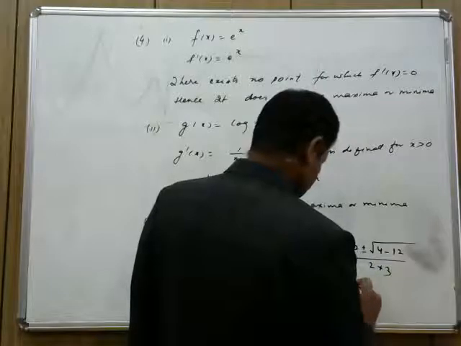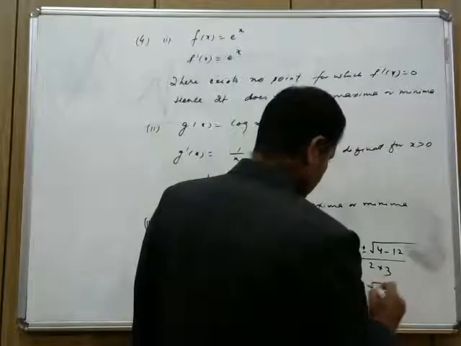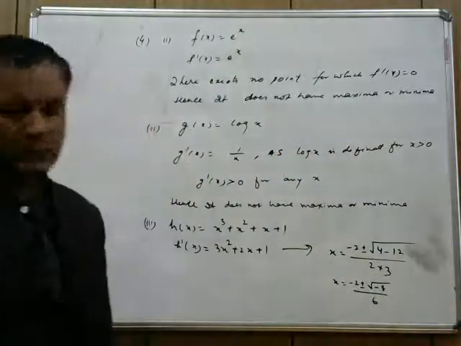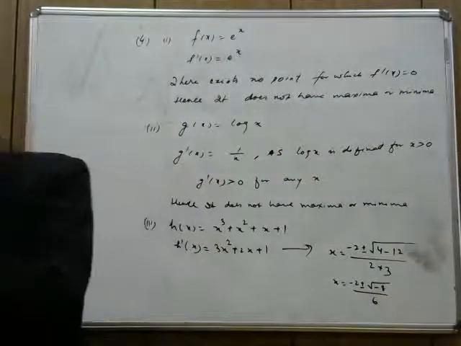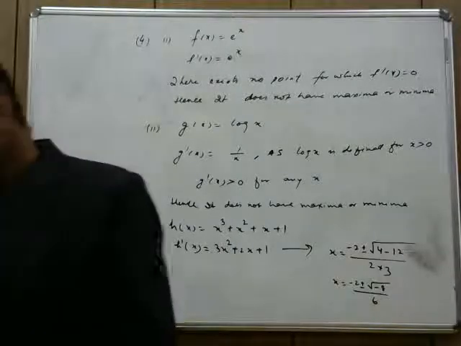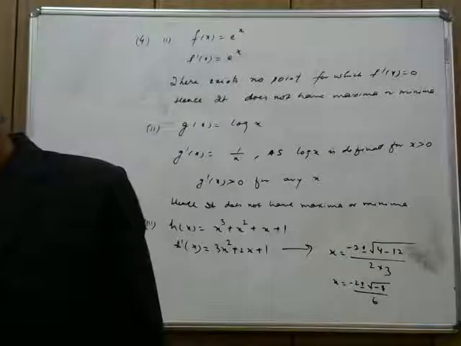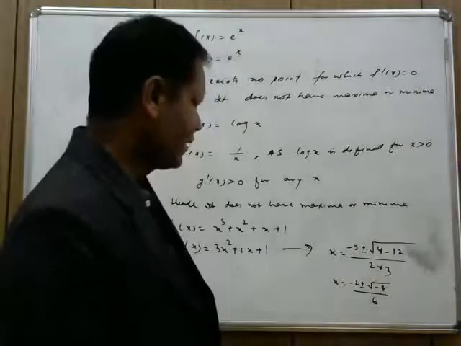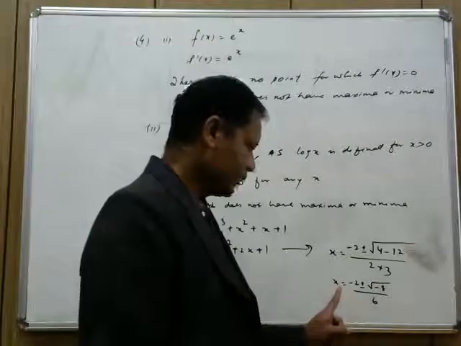That means x is equal to minus 2 plus minus under root minus 8 upon 6, which is not at all defined for any real value of x.